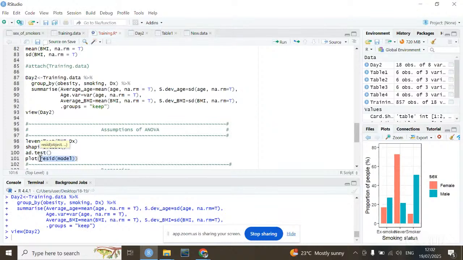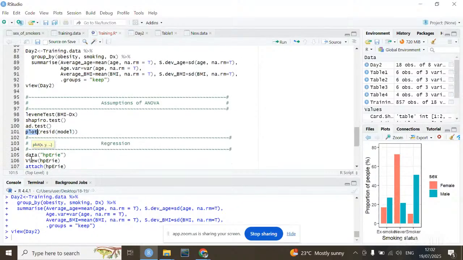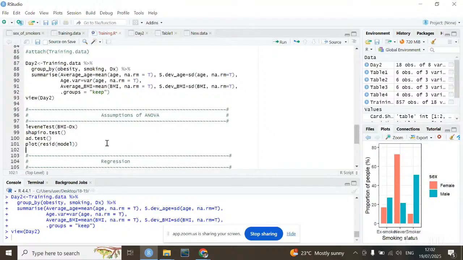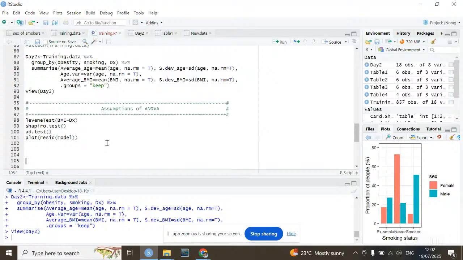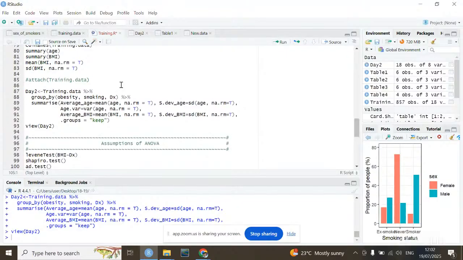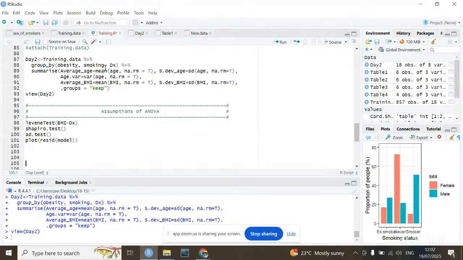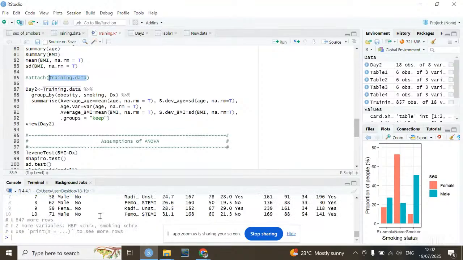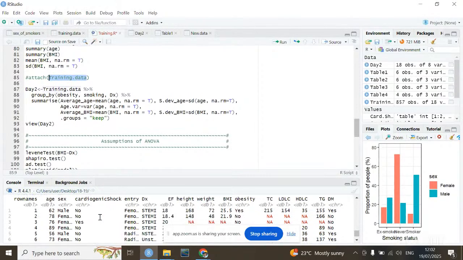To determine independence, you can just do the residual plot. So let us use the data we are having, the one we shared yesterday, and do the test.